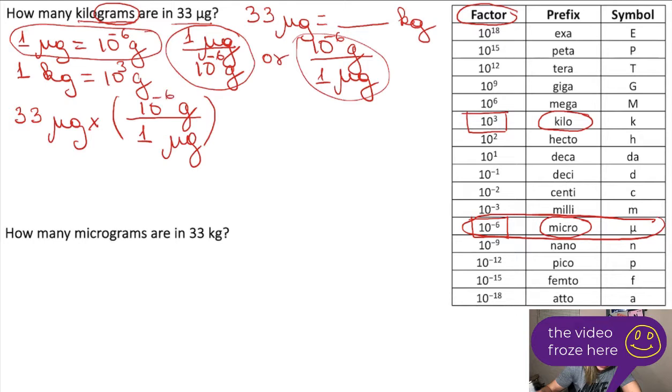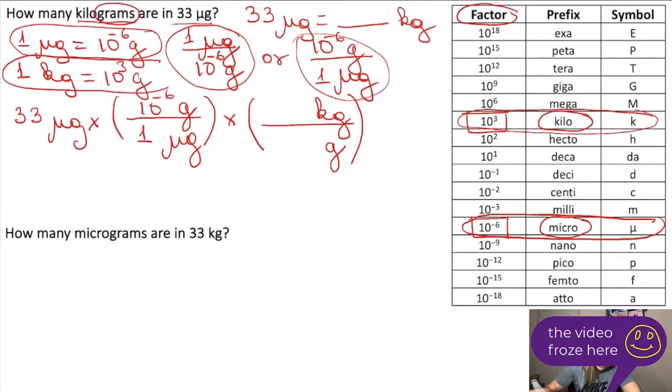Okay, now I have grams only, but I have to get to kilograms. So I need to use another conversion factor. And now I am trying to cancel out the grams. So where will the grams go in my next fraction? On the bottom, right? And since I'm getting to kilograms, the kilograms are going to go on top. So again, I can check either my table or this here, and plug in the numbers.